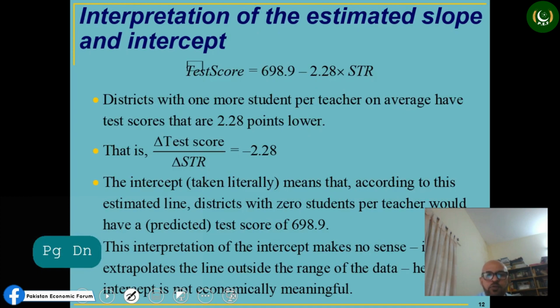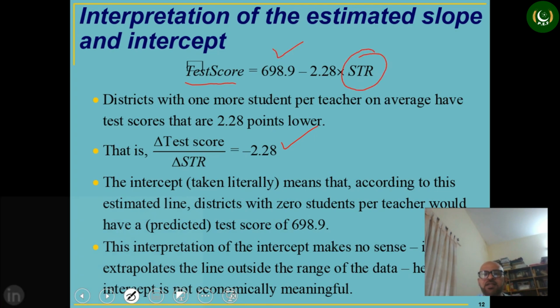So here we see the interpretation of slope. But what will be the average test score when class size is 0? We say 698. Mathematically it's okay, but have we ever observed a class size of 0? Since we haven't observed class size 0, we should not make any statement about test score for 0 class size, because we have never observed this data.